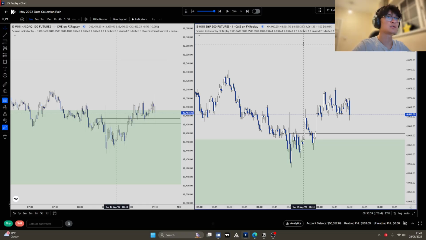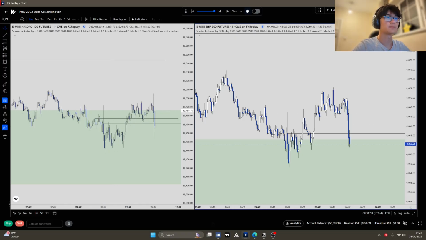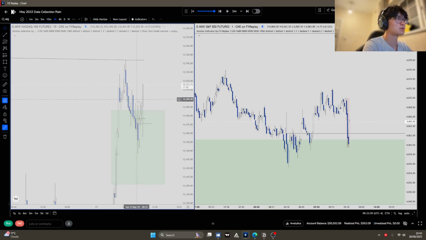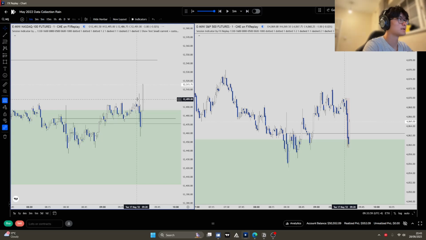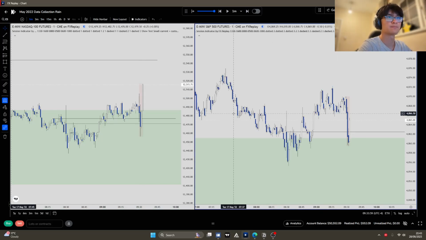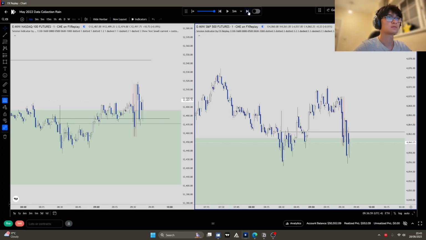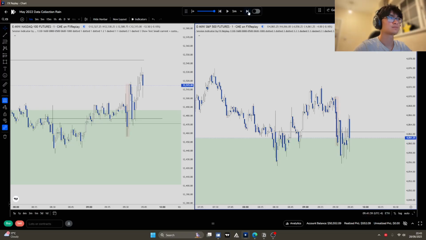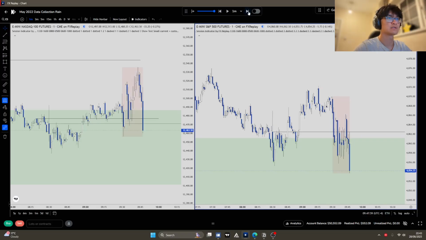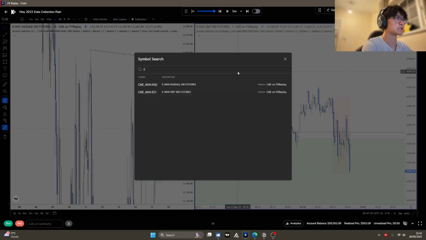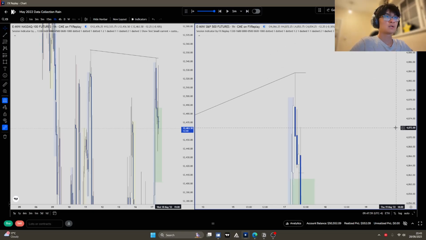So off the bat, NQ looking way better, into that sell side here. Edging towards it, okay, or not. We just don't want to take out that high.